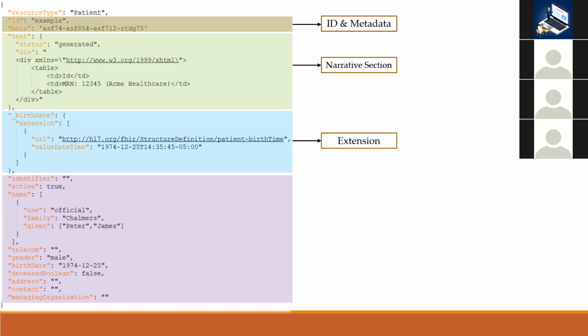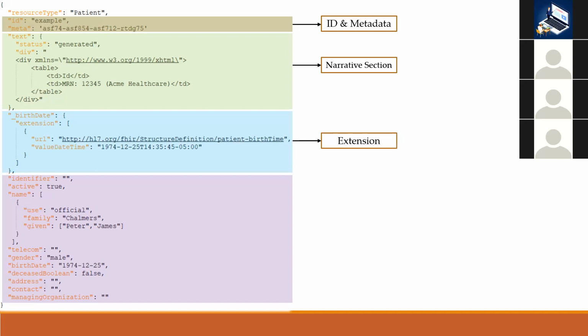Then you have the extensions. Extensions are nothing but additional elements that you want to add to the basic FHIR resource. Usually when you look at the FHIR resource structure, you will have a limited number of elements. And down the line with your specific implementation, you may feel that you want to add new elements to it.